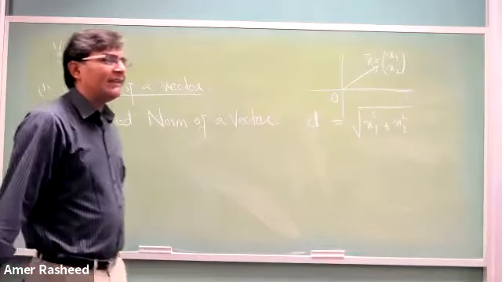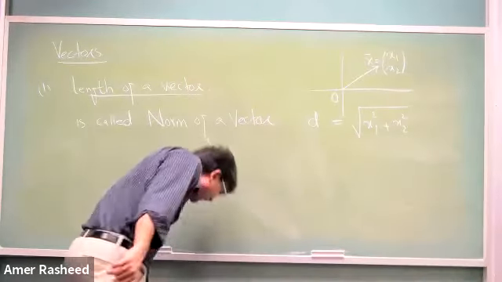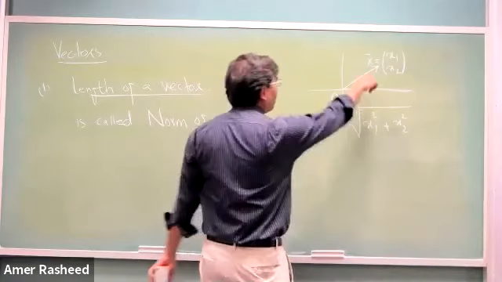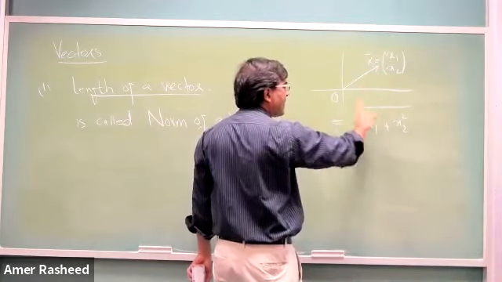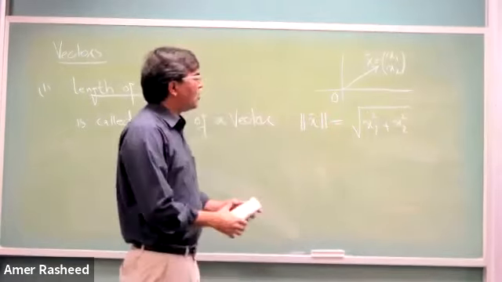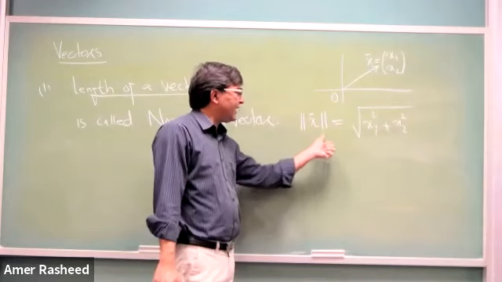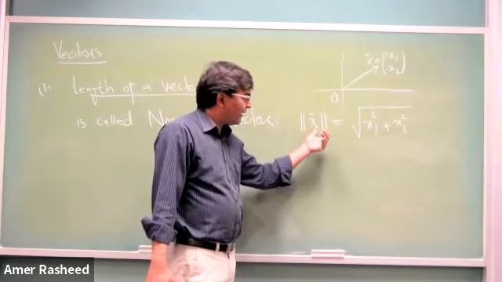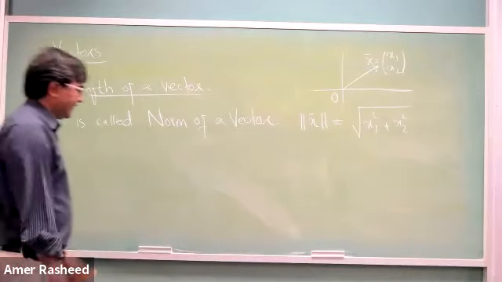From now on, the length, you will call it norm. The formula is the same, but the notation is changed now. These double bars on both sides, and in the middle you write that vector. So this is how we define the lengths.